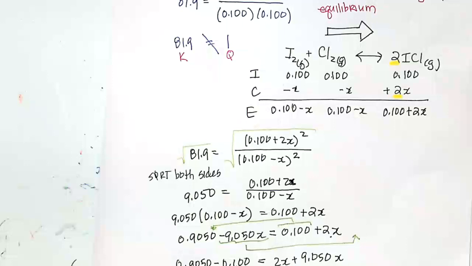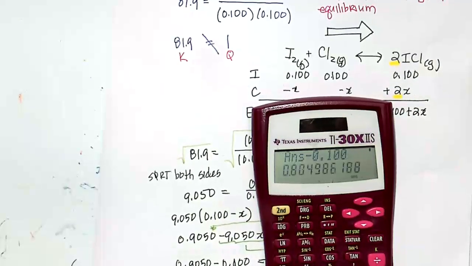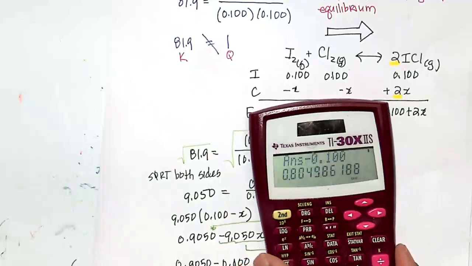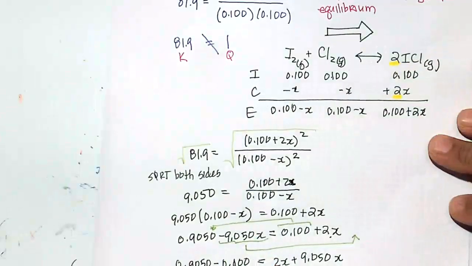So this is a little math here. 0.9050 minus 0.1 is 0.8050. We're almost done. 2 plus 9.050 is 11.050x.